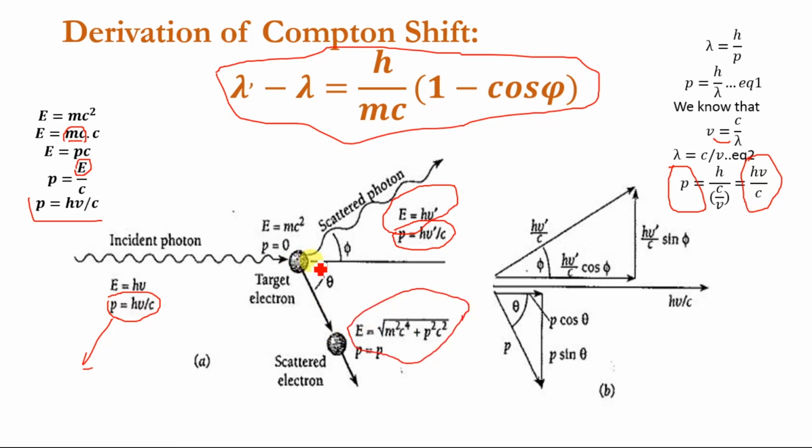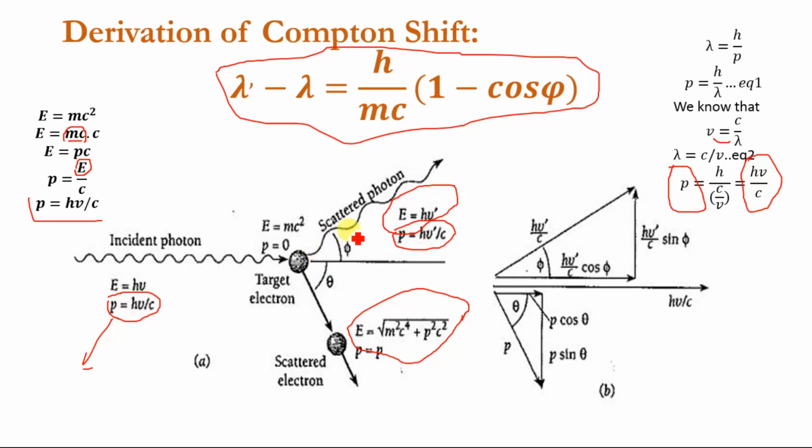Now we will use trigonometry for deriving further equations. We denoted the scattered photon angle with the x-axis by phi and the scattered electron angle after collision by theta.